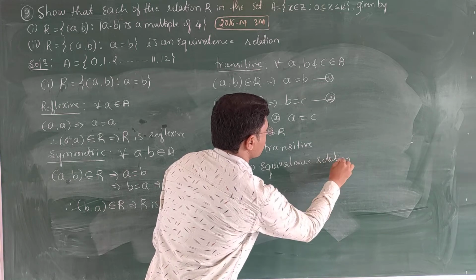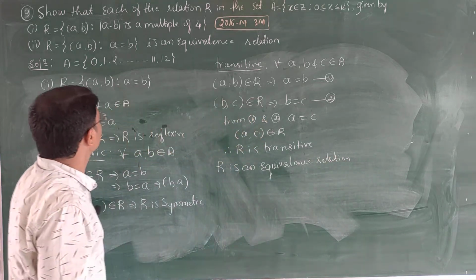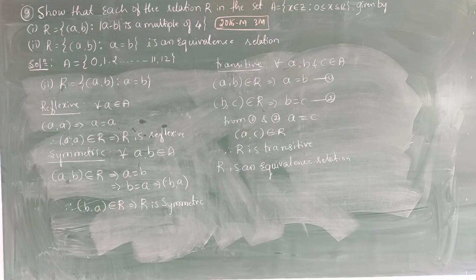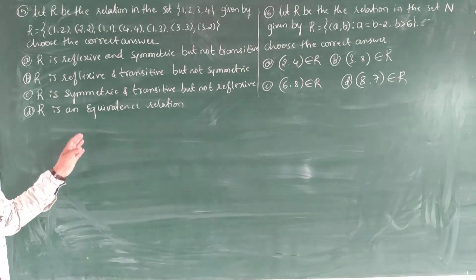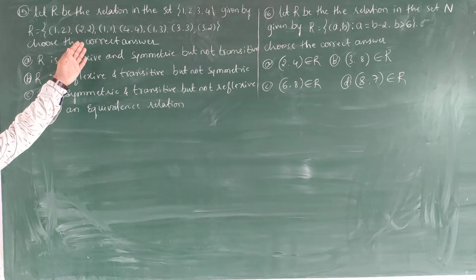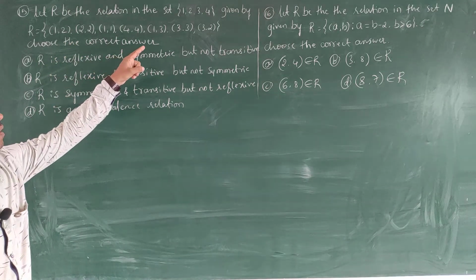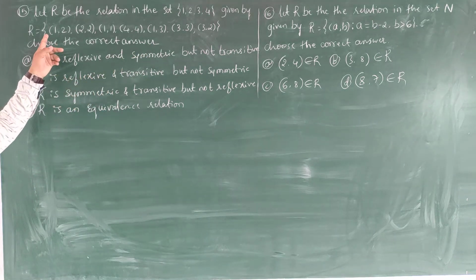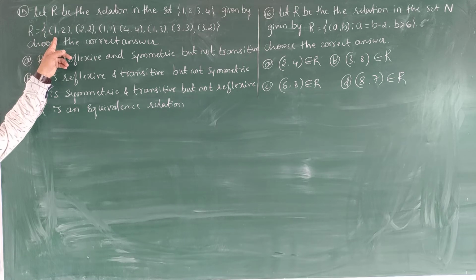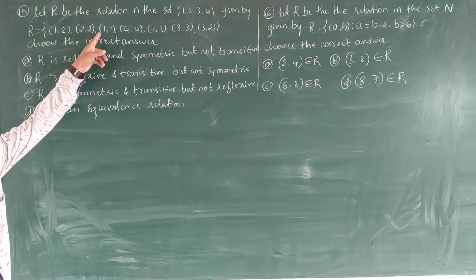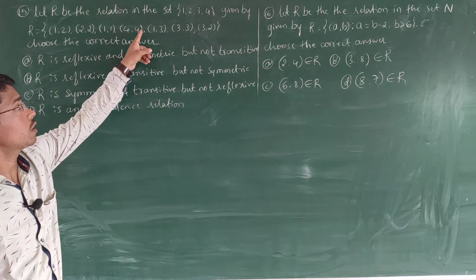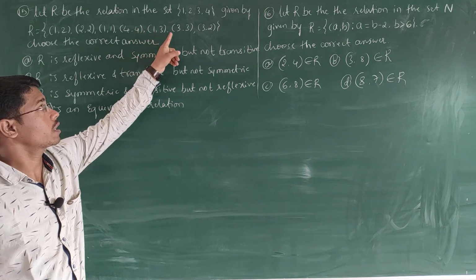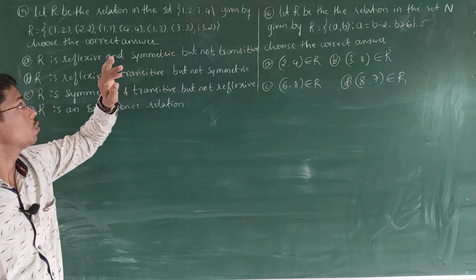So this is question number 2 in the 9. Okay, that is a is equal to b is an equivalence relation. See the question. Let R be the relation in the set {1, 2, 3, 4} given by R equal to {(1, 2), (2, 2), (1, 1), (4, 4), (1, 3), (3, 3), (3, 2)}.